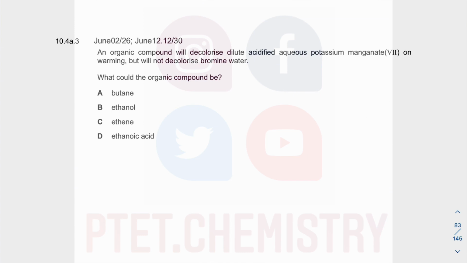The next question says that it can decolorize dilute acidified KMnO4. You need the acid for the redox reaction to work. Hope you know it from your mini titration that you have done on this purple colored manganese 7+. It will not decolorize bromine water.